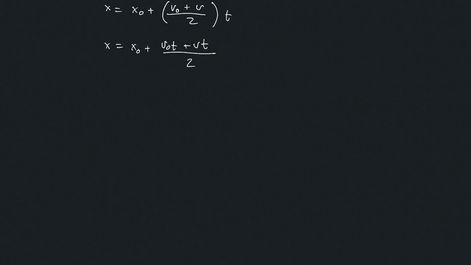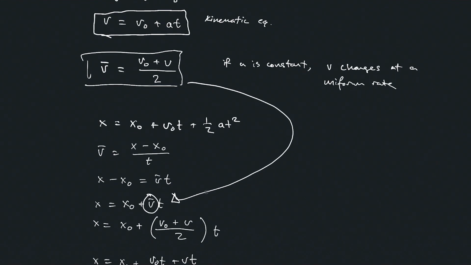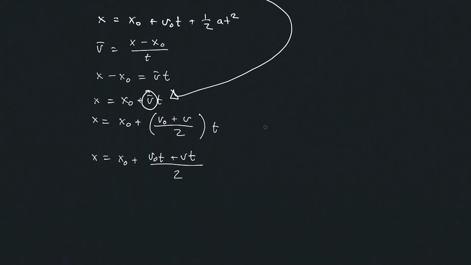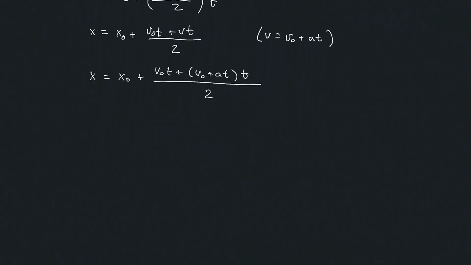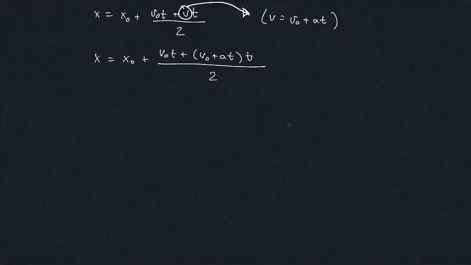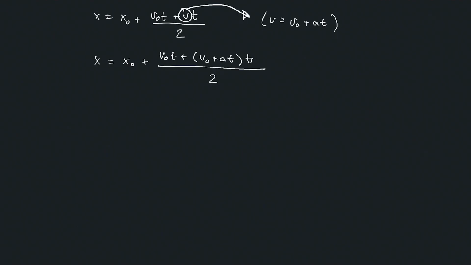And then we're going to substitute our first kinematic equation, which was velocity is equal to initial velocity plus acceleration times time. If we do that substitution, we get final position is equal to initial position plus initial velocity times time plus initial velocity plus acceleration times time over 2. And here we substituted v equals initial velocity plus acceleration times time.